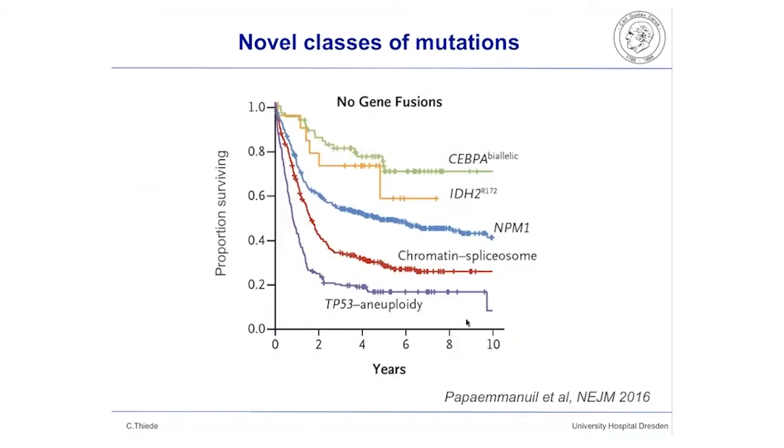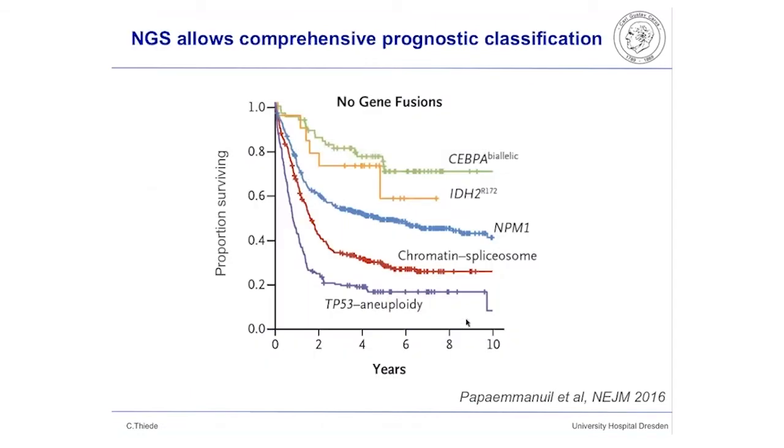And this also translates into very different prognostic information. So patients with biallelic CEBPA-alpha mutations have a much more favorable outcome compared to patients with TP53 mutations who are aneuploid.